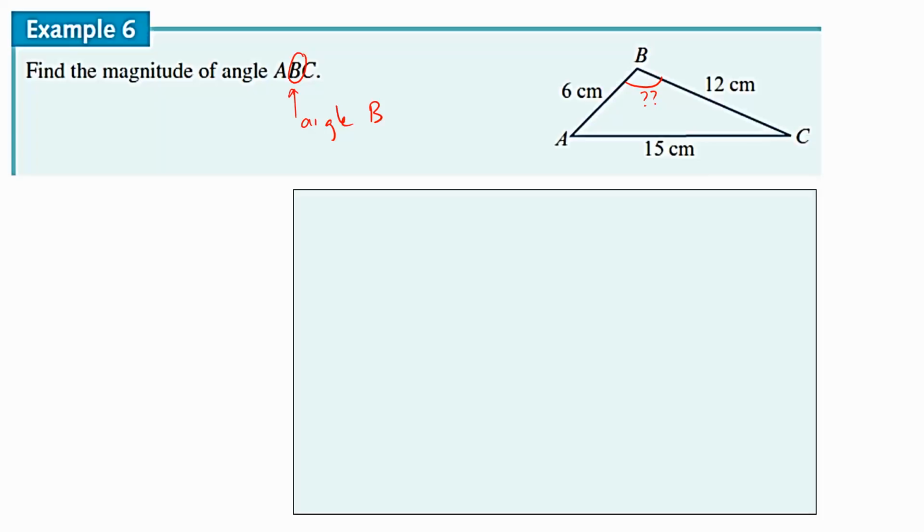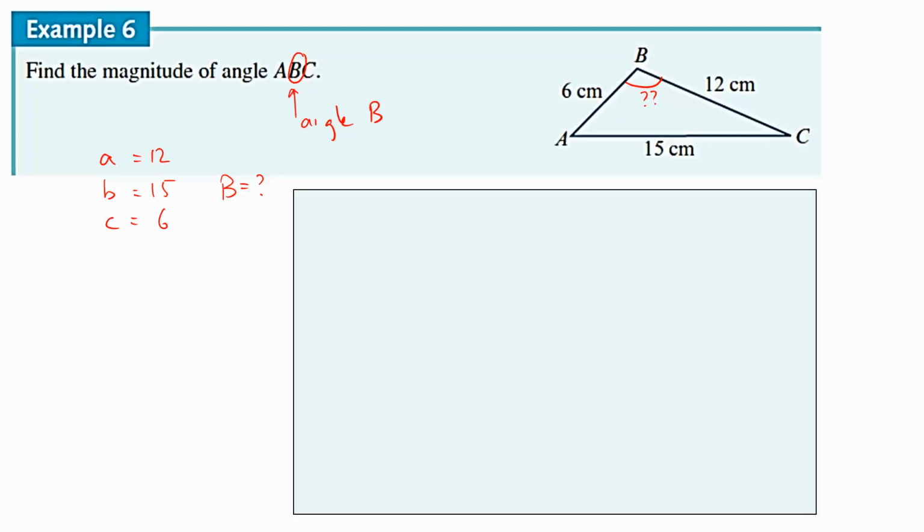Now you can use your old rule, and you can rearrange everything. Little a is 12, little b is 15, little c is also 6. You don't have big A, you want big B, and you don't need big C. So you can use your formula and rearrange it.